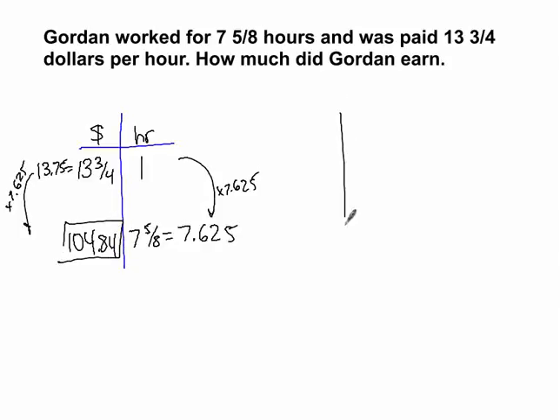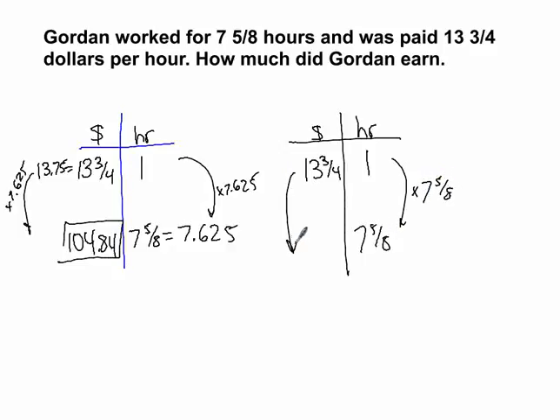If I was to stay in fractional form, dollars per hour, and I was calling this 13 3/4 per 1 hour, to get to 7 5/8, I'm just multiplying by 7 5/8. So I'm going to multiply this by 7 5/8. To do that, I want to work in something called mixed numbers. Remembering that every time we have a whole on this side, it is 4/4.